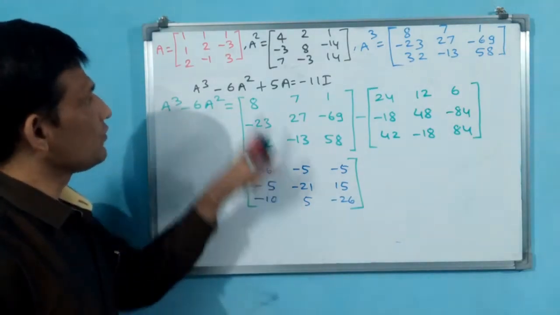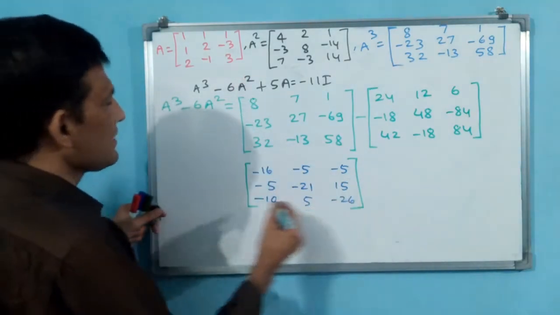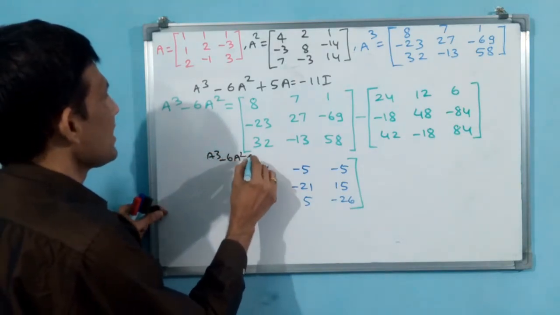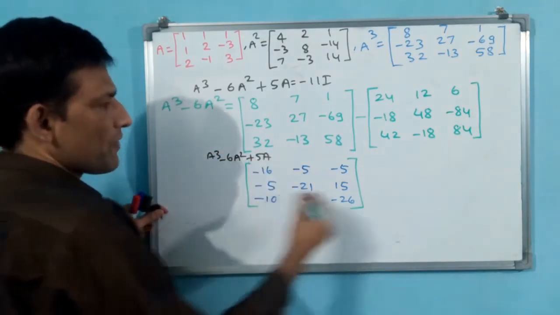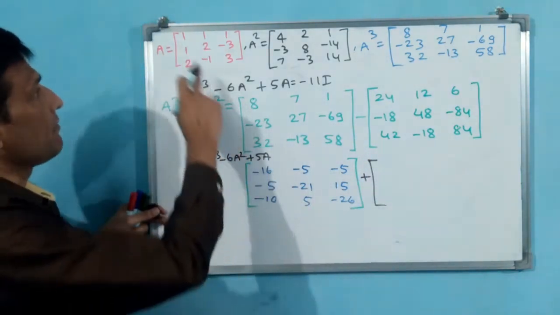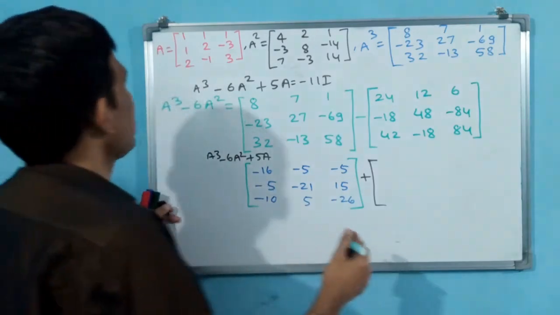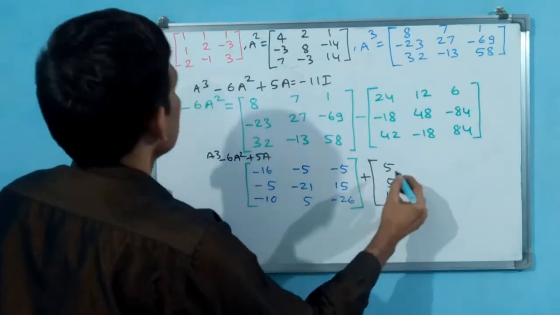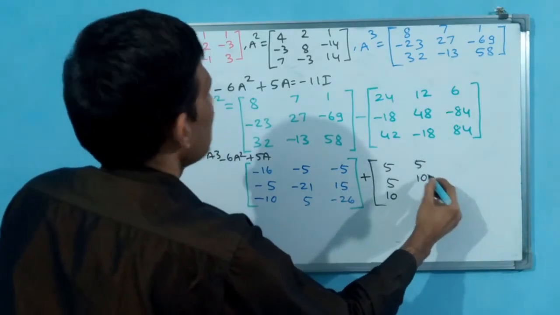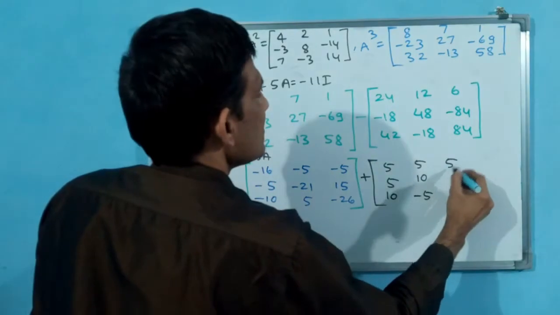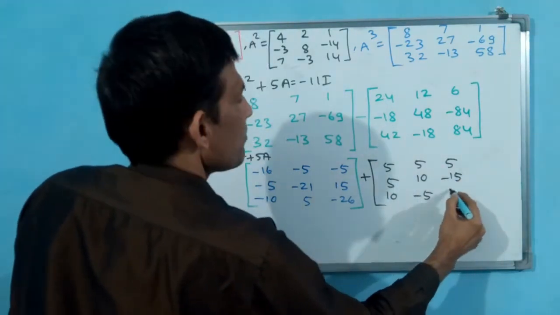You write again, and 5a I am adding this. a cube minus 6a square plus 5a. 5a I am adding directly to this. 5a means into 5. Multiply. 5, 5, 10, 5, 10, minus 5, 5, minus 15, plus 15.